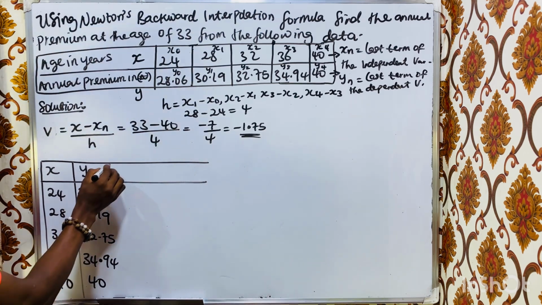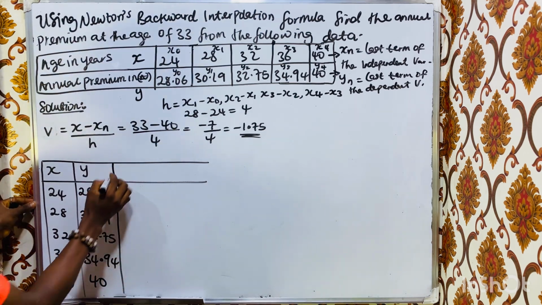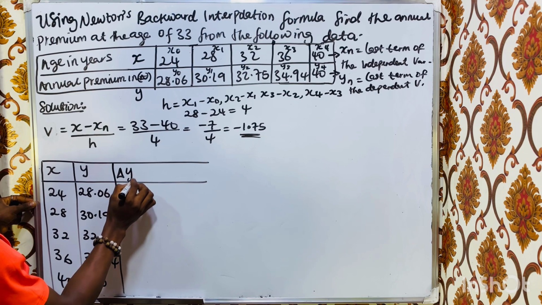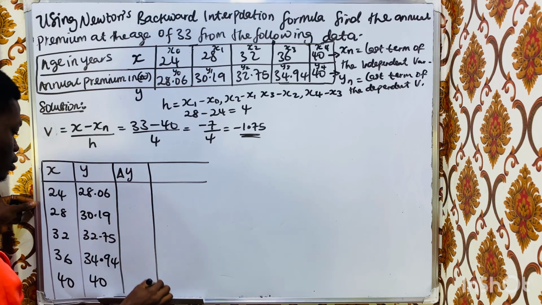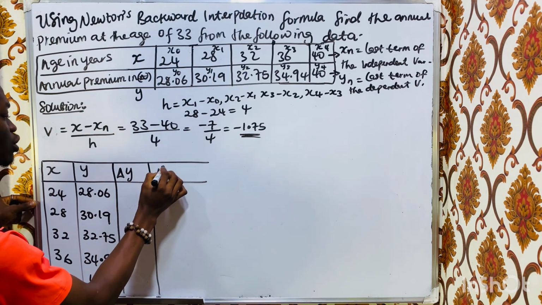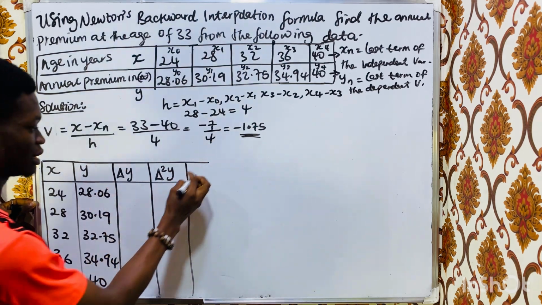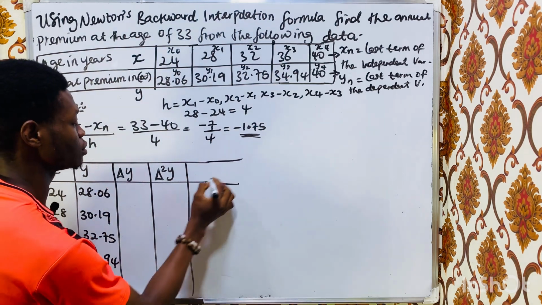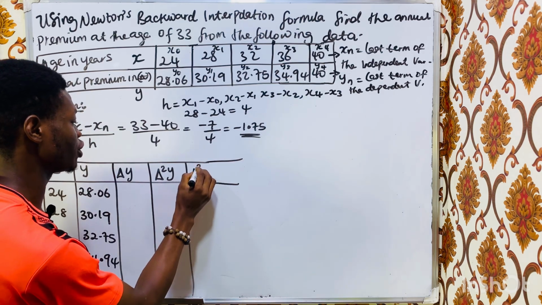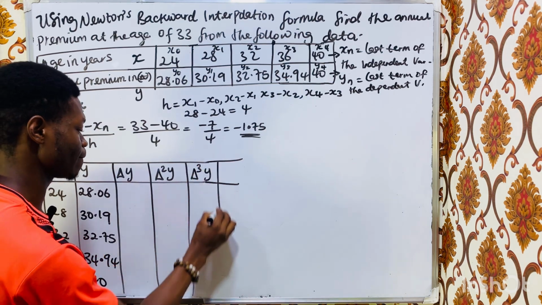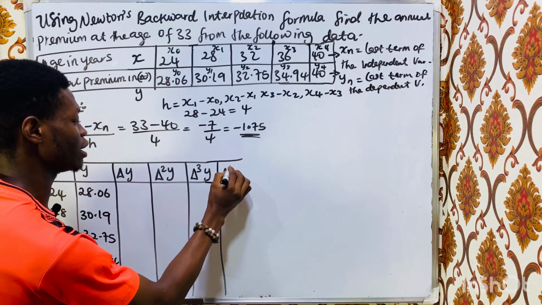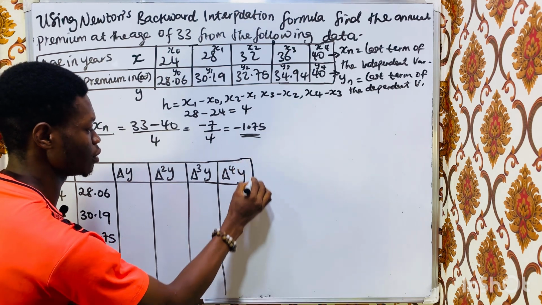Then here will be delta y, here delta squared y (some people still call it delta f of x, they are the same thing), here delta cubed y, and here delta 4 y.